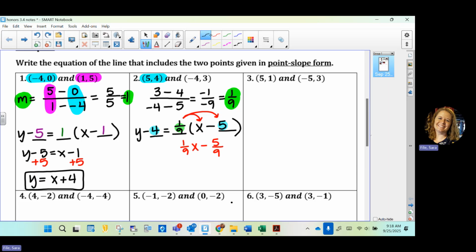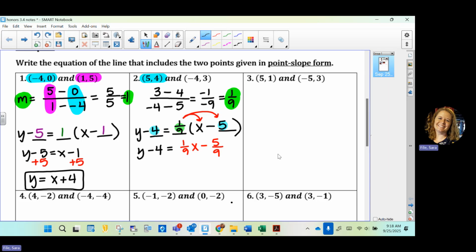Remember when you are multiplying fractions, okay, so that you have a fraction times an integer, you just multiply that integer by the numerator. So 1 times 5 is just 5, and you keep your denominator. Okay, if you want to think of 5 as a fraction, 5/1, just know you're multiplying the numerators and multiplying the denominators.